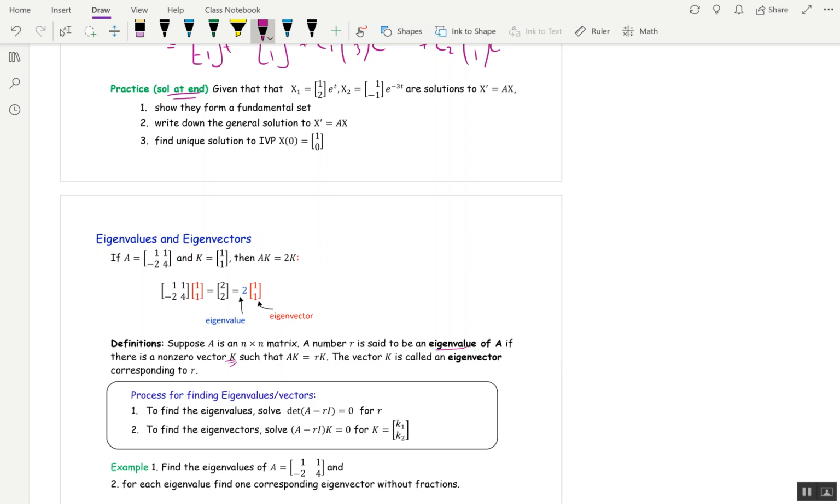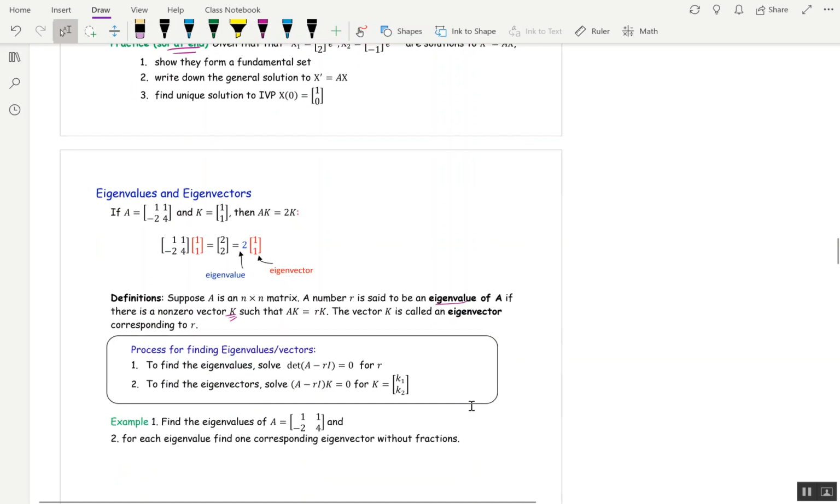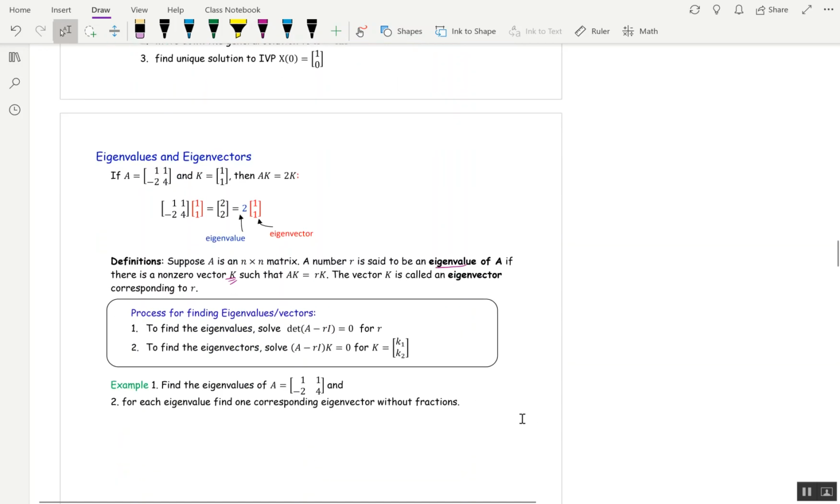And K is called an eigenvector. So here's how you find eigenvectors and eigenvalues. I'm just going to state this without proof. It takes a whole course to prove this, a linear algebra course. To find eigenvalues, you're going to solve what we call the characteristic equation, which is the determinant of A minus rI equals 0.